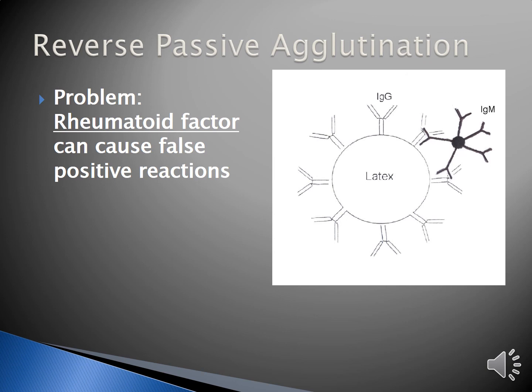So it's very possible that we will get a false positive reaction if a patient has rheumatoid factor and we're testing for, let's say, crypto. So this is something that we need to look at very closely, and doing a rheumatoid factor test first typically will help us know whether or not this is a false positive.